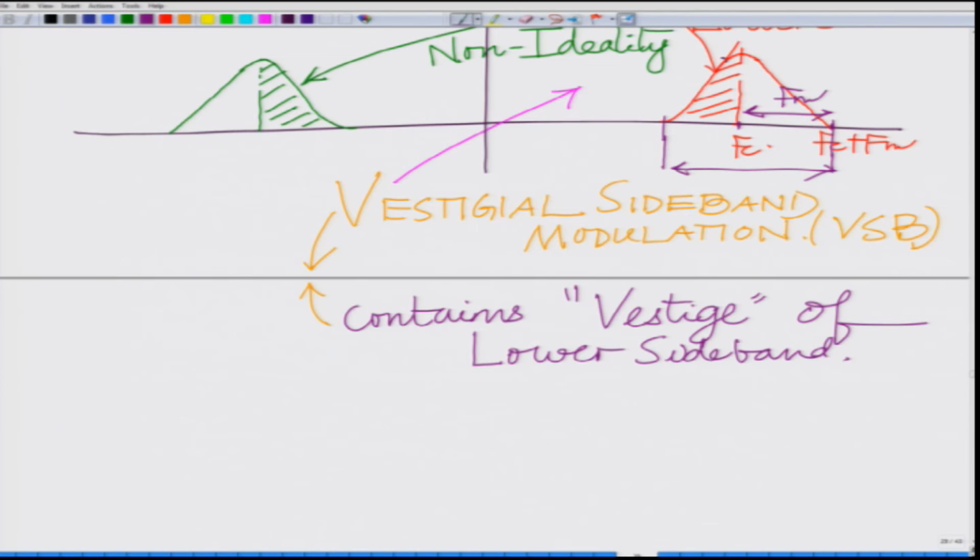However, this requires a slightly higher bandwidth, Fm plus Fv, where Fv is the vestige, that is, Fc minus Fv.